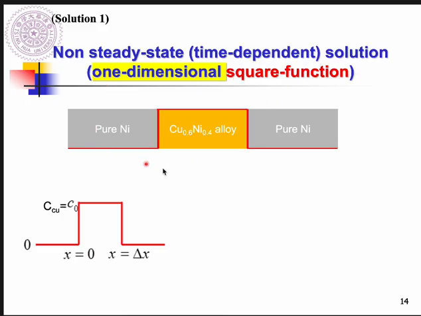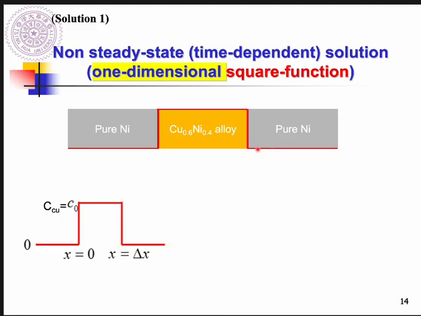What we have here is nickel, copper, and nickel. We insert the diffusion source of copper atoms in between pure nickel. When you plot the concentration profile for copper, we don't have copper on your left-hand side, but at the center we do have copper, and the concentration would be 0.6.